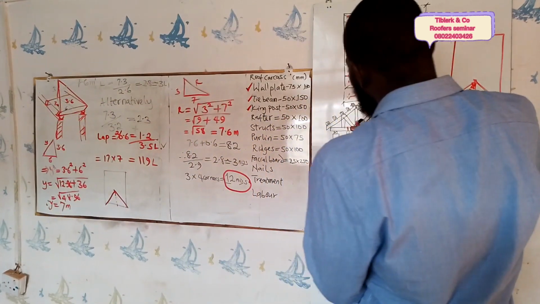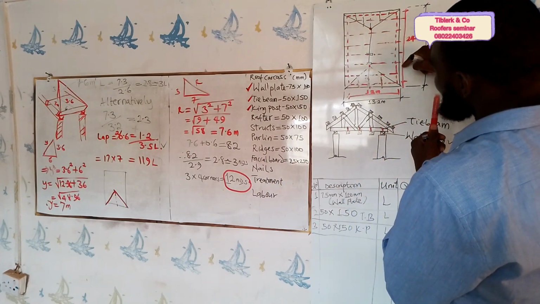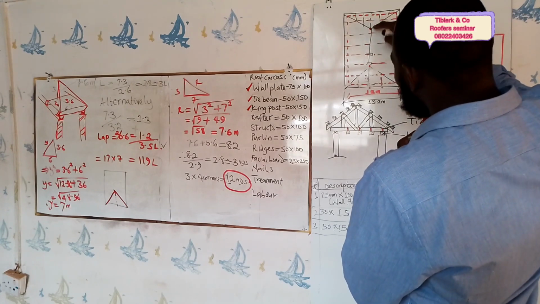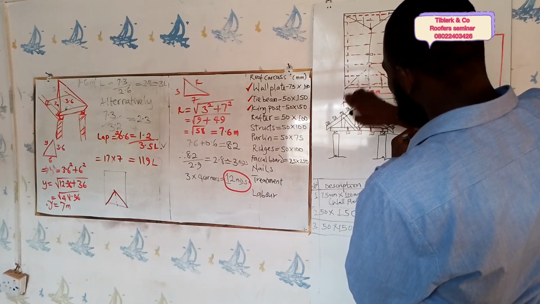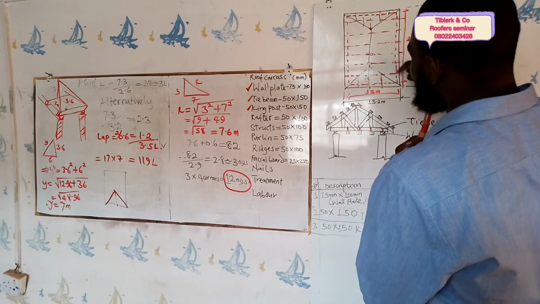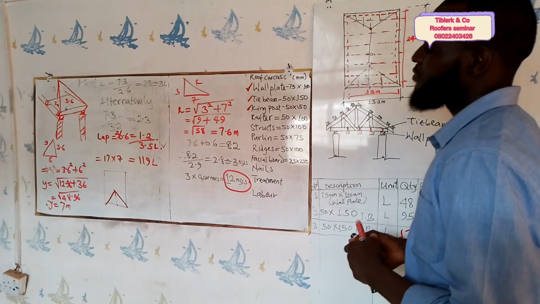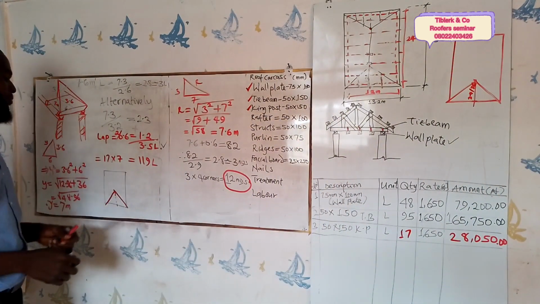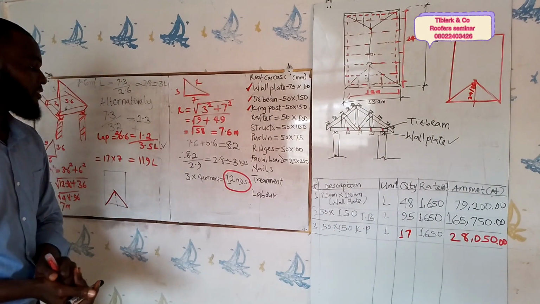So we are done with these ones up to this angle, up to here. You are done with this and this. You are still left with this triangle, and this right angle triangle in 4 places: 1, 2, 3, 4. So we have 2 figures now as far as our rafter is concerned.